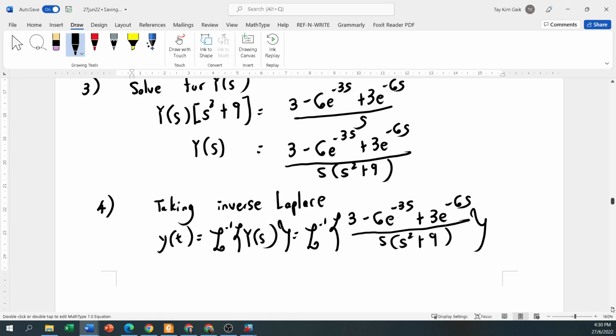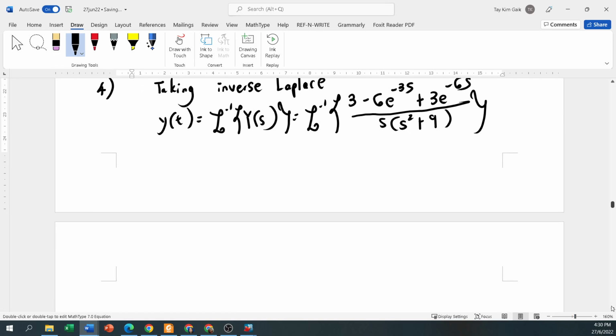You may find the inverse Laplace using partial fractions, or you can use a transform of integral. I mean, this one you can break it up.